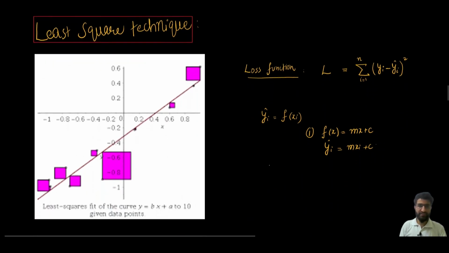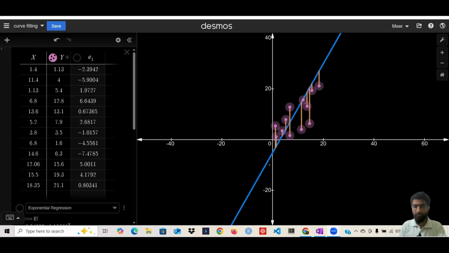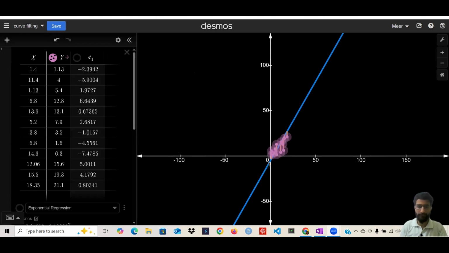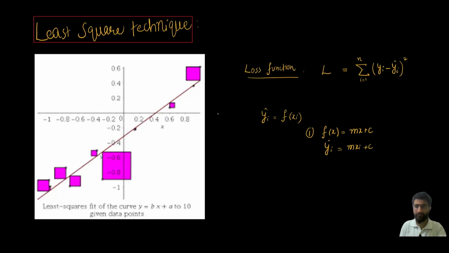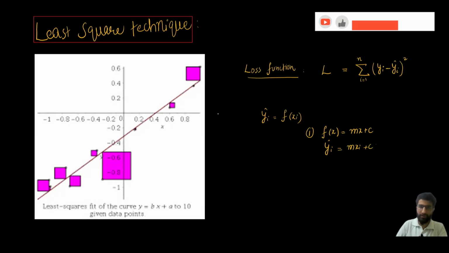So the least square says, in the simpler case, we are trying to fit a line to a set of data points, and we are trying to minimize the error, which means the length of these points from this curve. Now, if I mathematically formulate this problem, then the distance of a point from this line can be written in the form of the absolute difference.